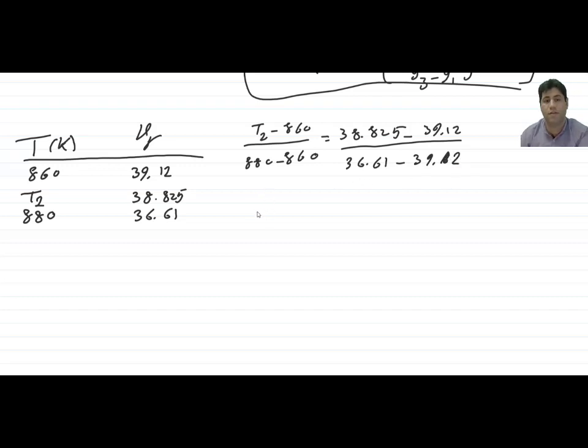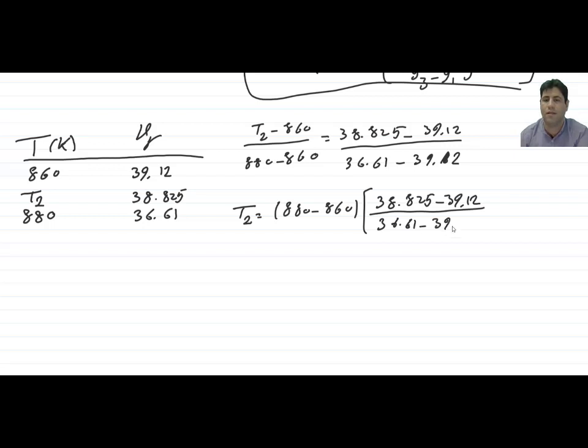So now if you restructure this equation, we can write T2 is equal to 880 minus 860 times this equation, 38 minus 39.12 divided by 36.61 minus 39.12. All of these need to be added to 860.